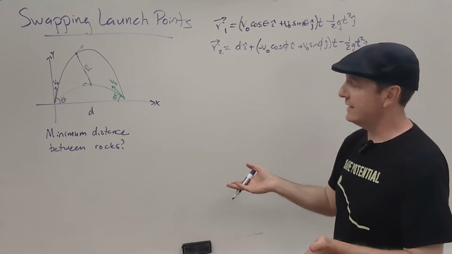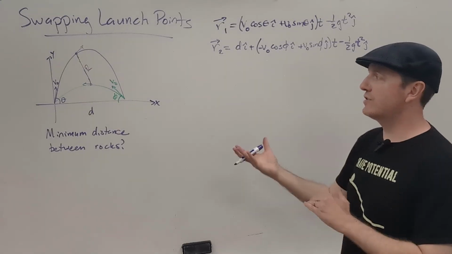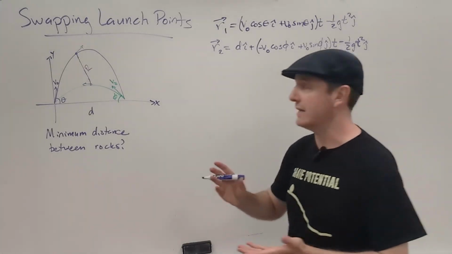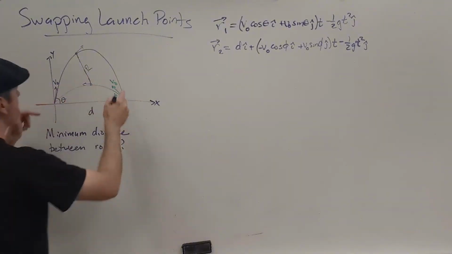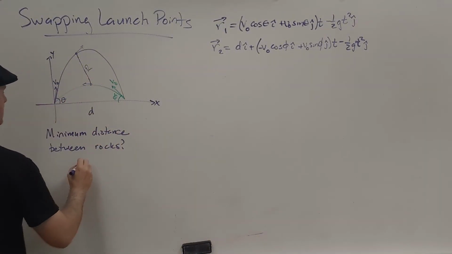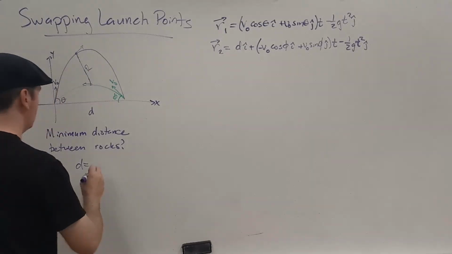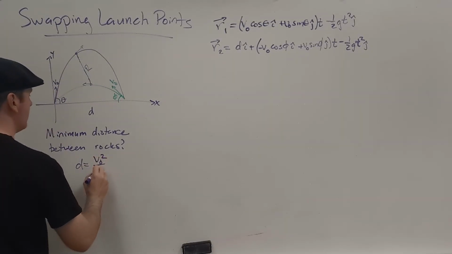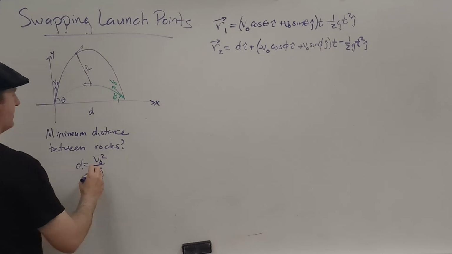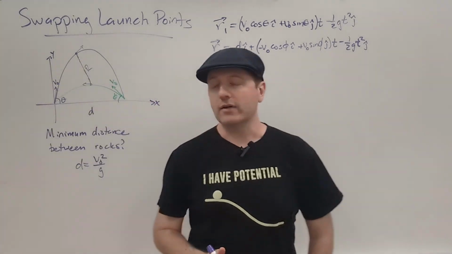As a little aside, we might want to know if there's any relationship between theta and phi, and there is. In order for these two things to land on each other, the distance between them has to be the range of the other. And we have a formula for the range in terms of the launch angle.